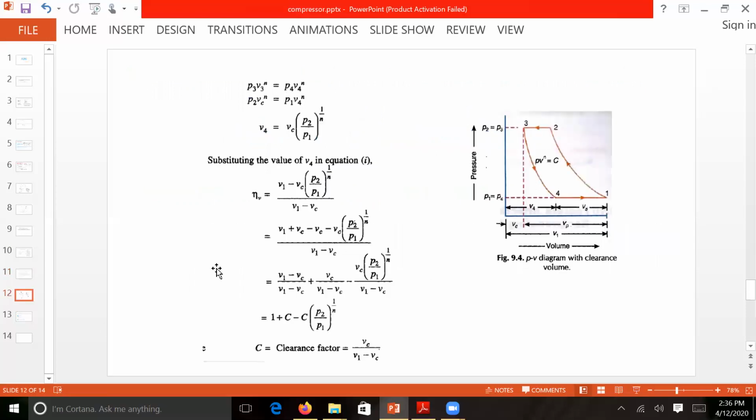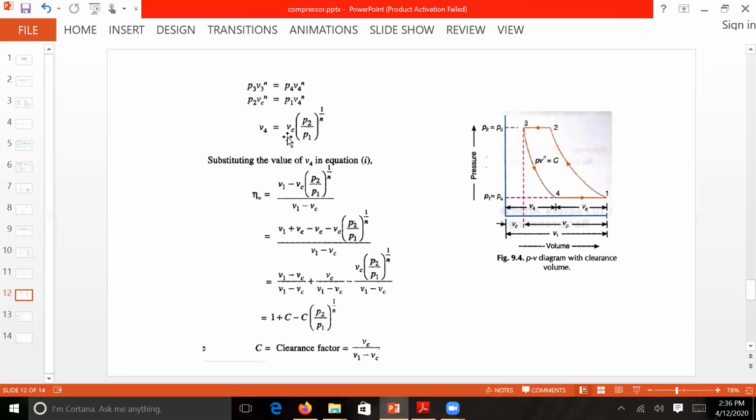If you express it in terms of P and V, having polytropic index n, assuming that n is the same for compression and expansion, this is for the expansion part. So P3 V3^n is equal to P4 V4^n.